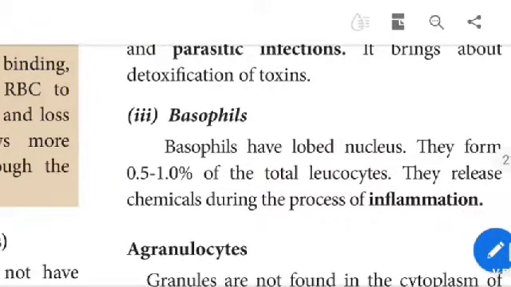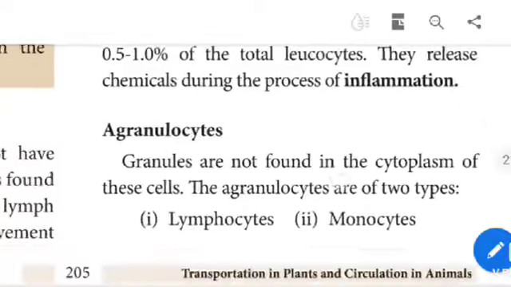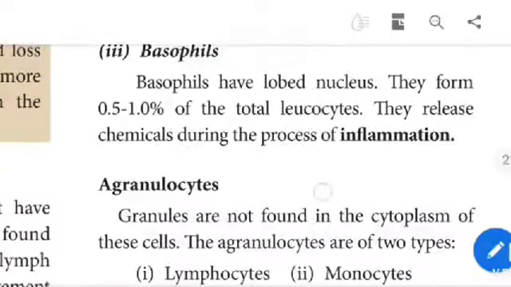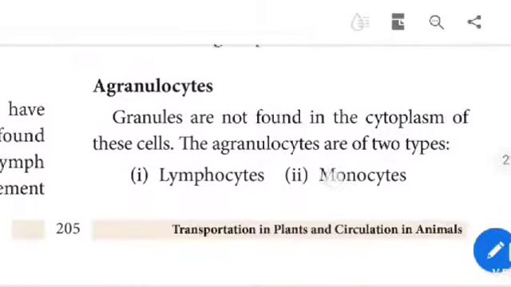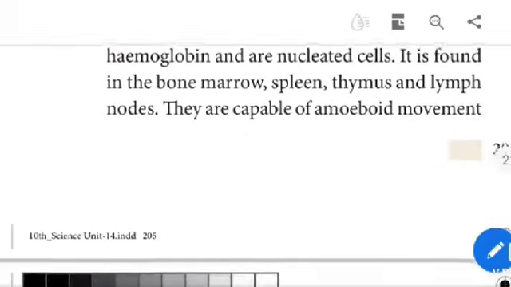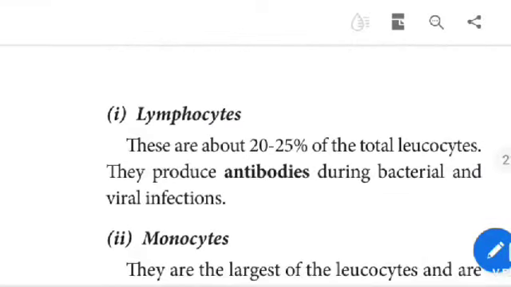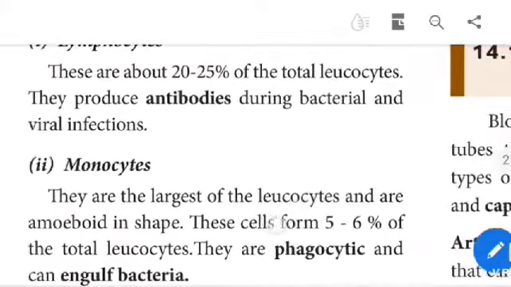Basophils. Basophils have a lobed nucleus. They form 0.5 to 1% of total leukocytes. They release chemicals during the process of inflammation. Agranulocytes.